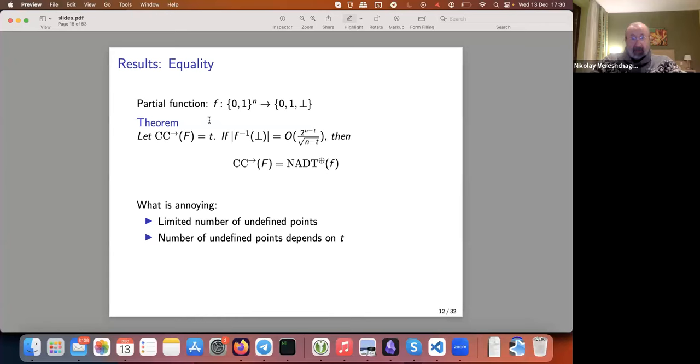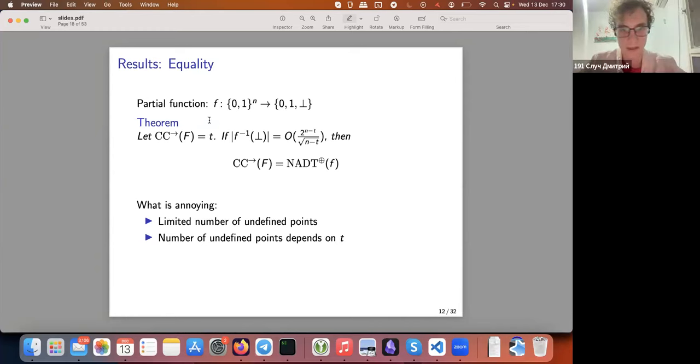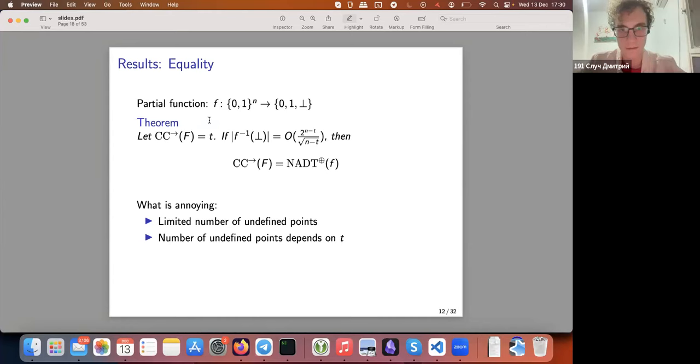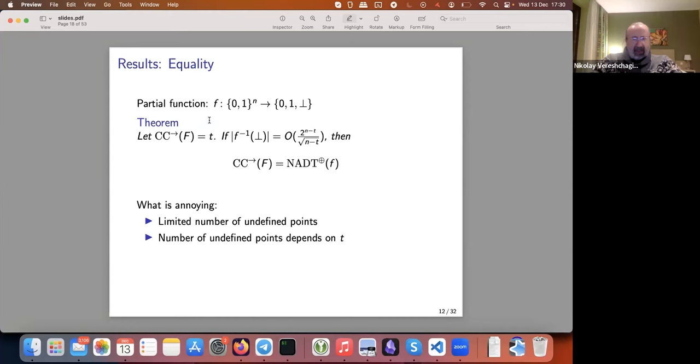For example, F is total. For total, this is already known. Yes, that's already known, but we provide a proof. But now you assume that it is just small. Yeah. And then the one-way communication complexity is equal to the non-adaptive query complexity.